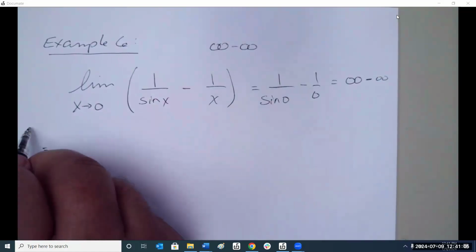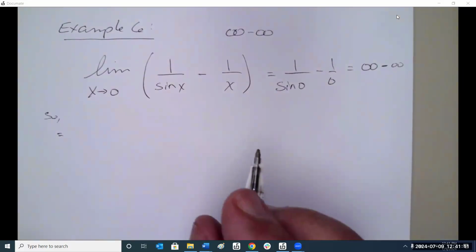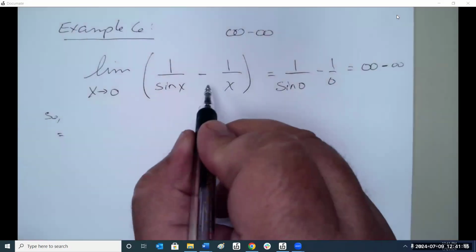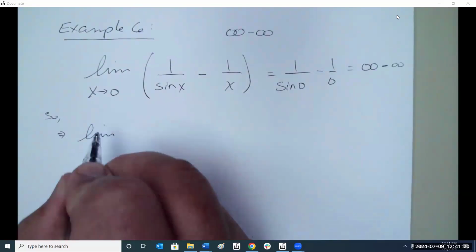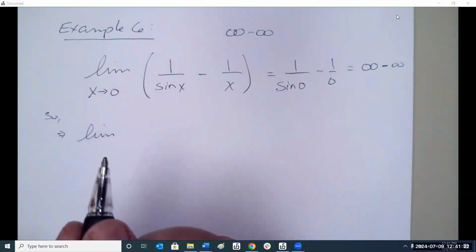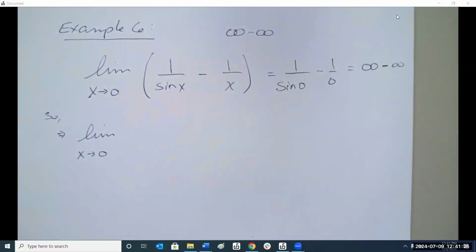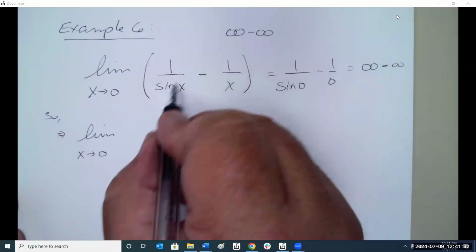So let's do L'Hopital's. Before we do L'Hopital's, we have to combine them. Remember, L'Hopital's rule is f of x over g of x, and so we have two separate functions. So we have to combine them.